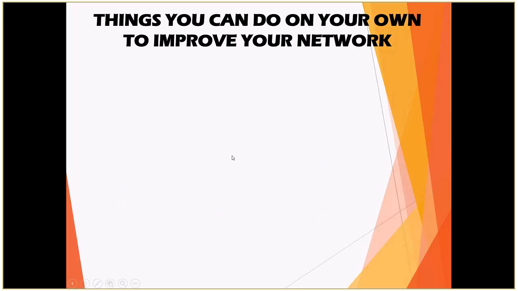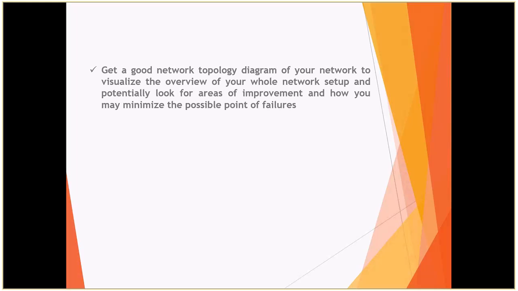So here are the things that you can do on your own to improve your network. You get a good network topology diagram of your network to visualize the overview of your whole network setup and potentially look for areas of improvement and how you may minimize the possible points of failure.